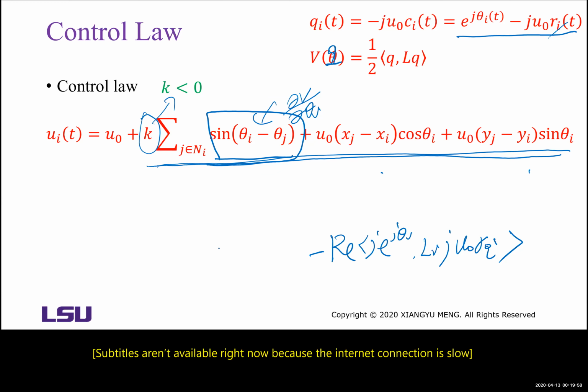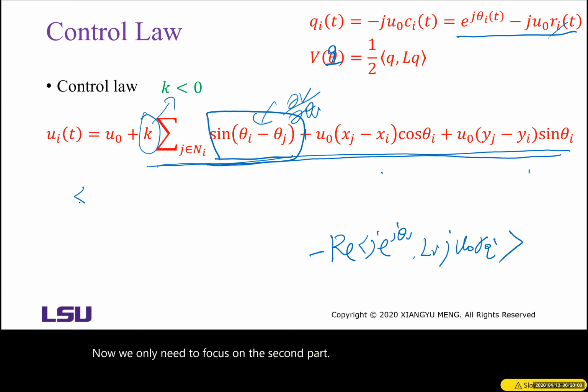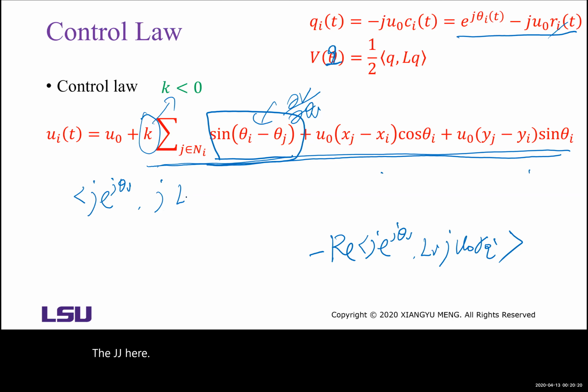Then for the second part, let's copy it here. We have J exponential, then the J, we can move J here. Then we have I, we have U0.